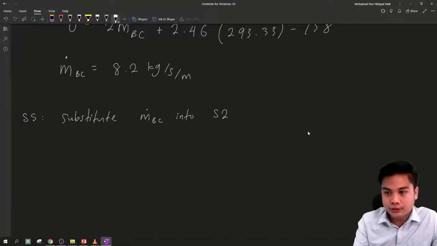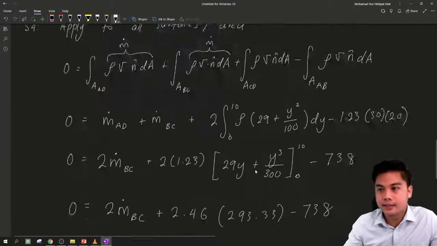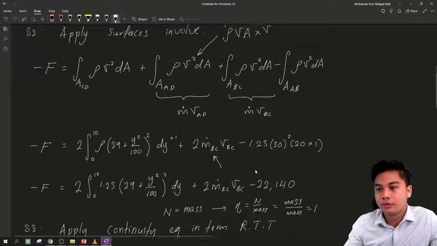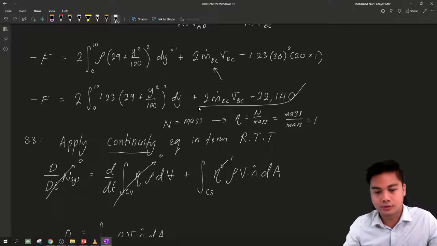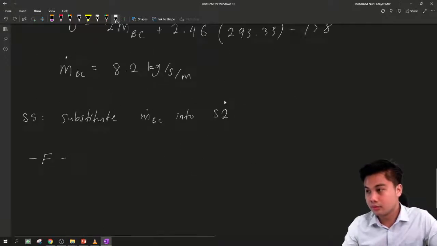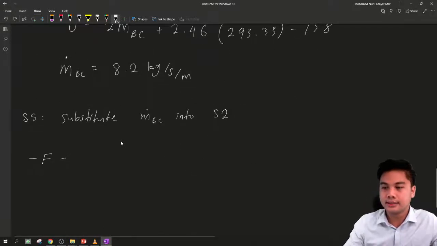So for step number 2, the equation is negative F equal to, given here, this whole term.